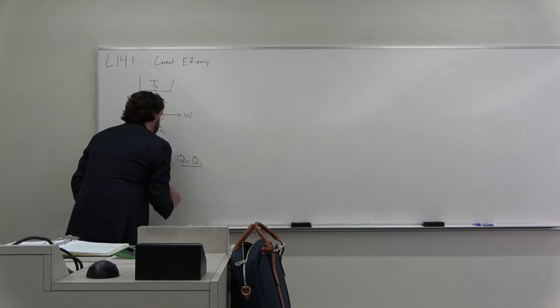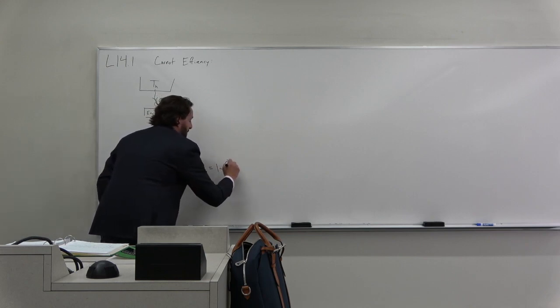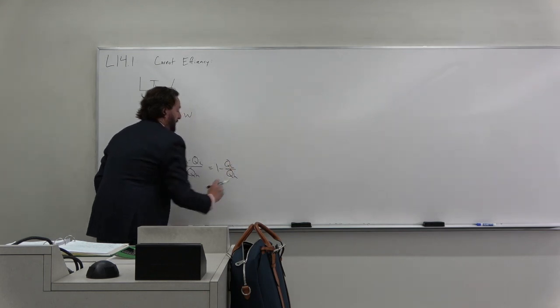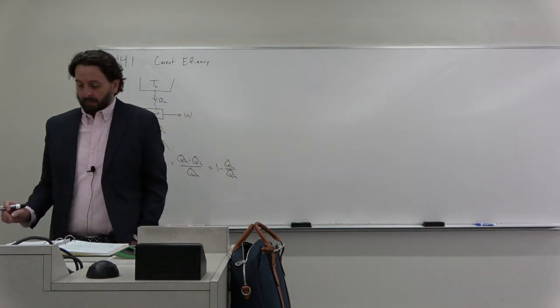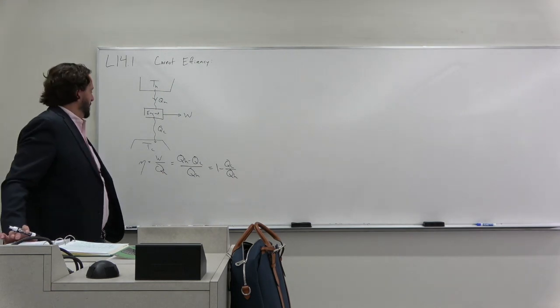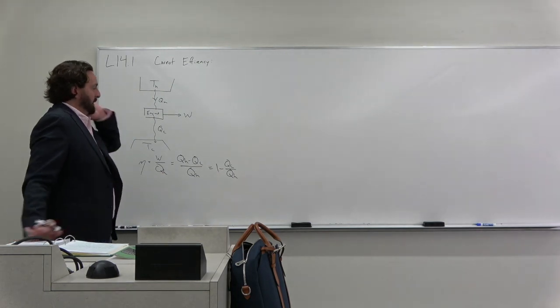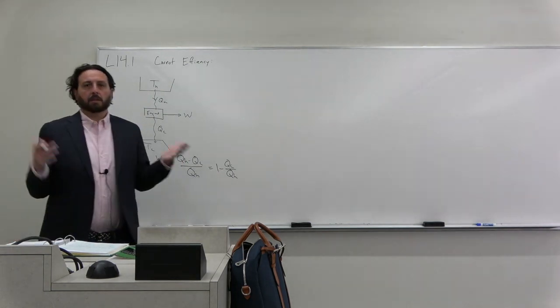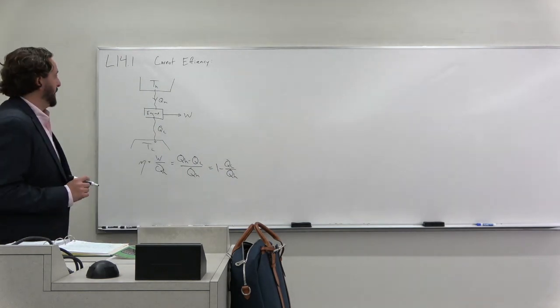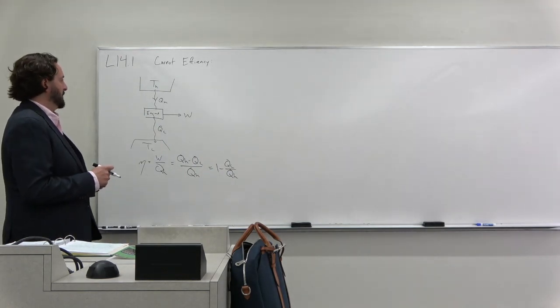We did that very carefully last time. Or 1 minus QC over QH. Okay? So now, this time we're going to ask, if we don't know QC and QH, is there another way to characterize the efficiency?